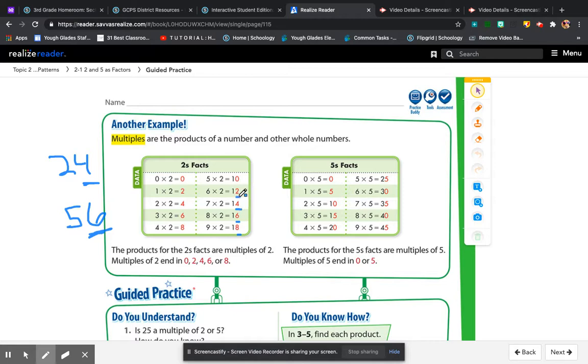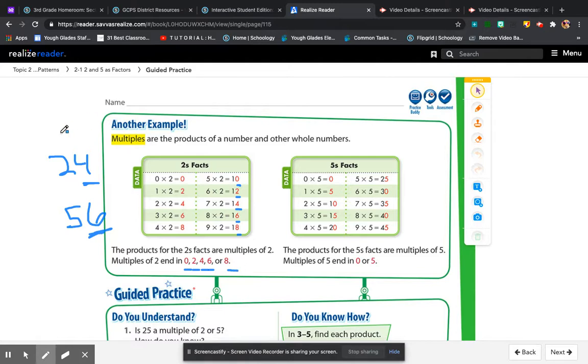on the ones place. And a good trick to remember about 2's facts and 2 multiples is that basically any even number, because we know that even numbers also end in 0, 2, 4, 6, 8, is a multiple of 2. If the number is even, it's a multiple of 2. That means there's a 2's times table fact that you could put together and that number would be a product.